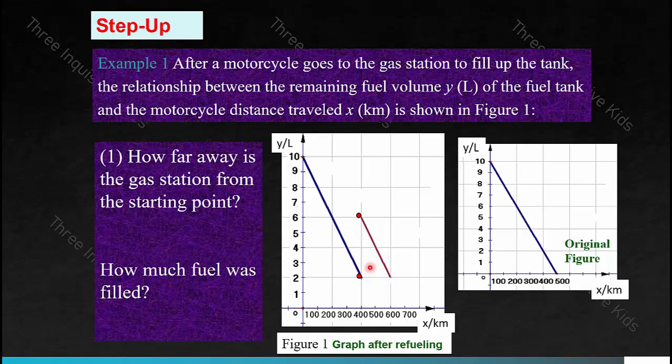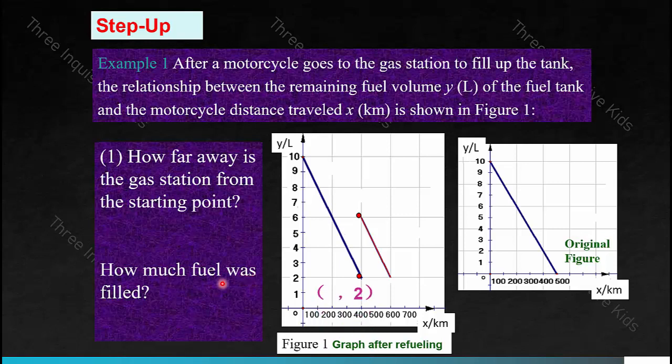Example 1. After a motorcycle goes to the gas station to fill up the tank, the relationship between the remaining fuel volume, y in liters of the fuel tank, and the motorcycle distance traveled, x in kilometers, is shown in figure 1. This is figure 1. So the question is, how far away is the gas station from the starting point? And how much fuel was filled? Let's answer these questions together.